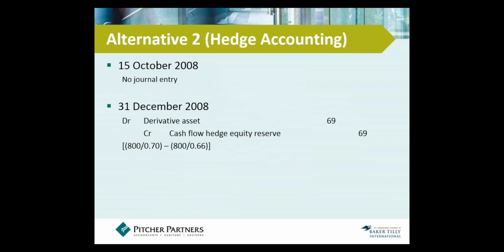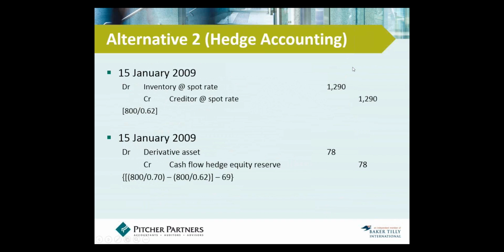We credit a cash flow hedge reserve or other comprehensive income with 69. So there's no impact on profit and loss at this stage. We are actually keeping it in a reserve in hedge accounting until the transaction happens, until we actually receive the inventory.